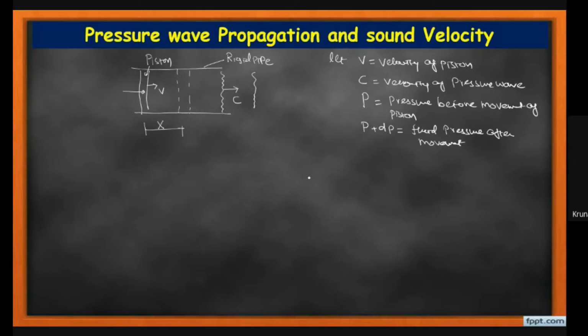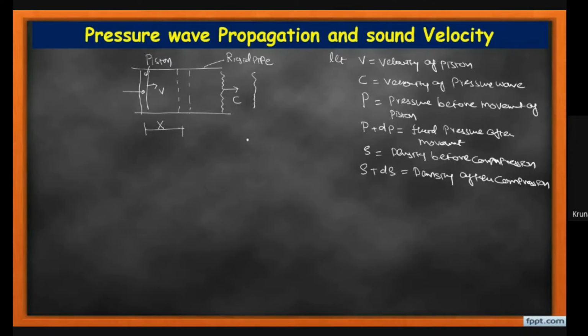Then let us take rho as the density of the fluid before the movement of the piston. Rho plus d rho is the density after the compression of the fluid. Let us take the time interval between the change in pressures. Then we consider x as the distance traveled by the piston, or the distance between the first and second position of the piston.